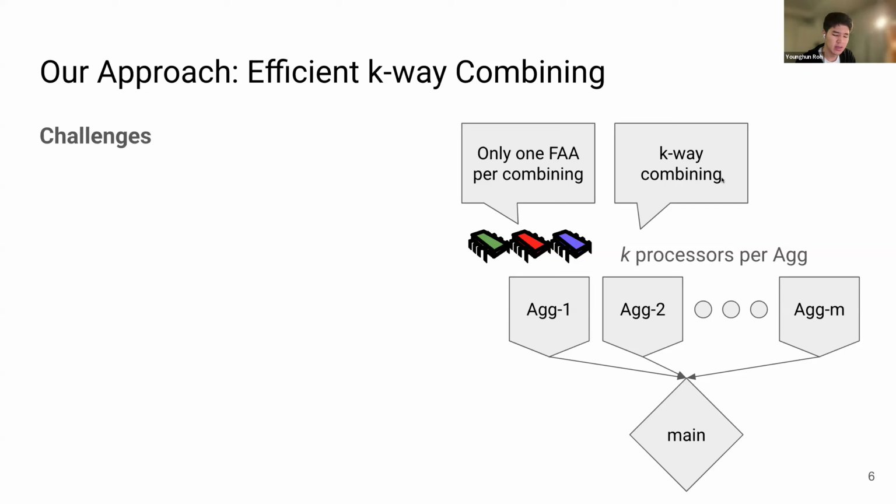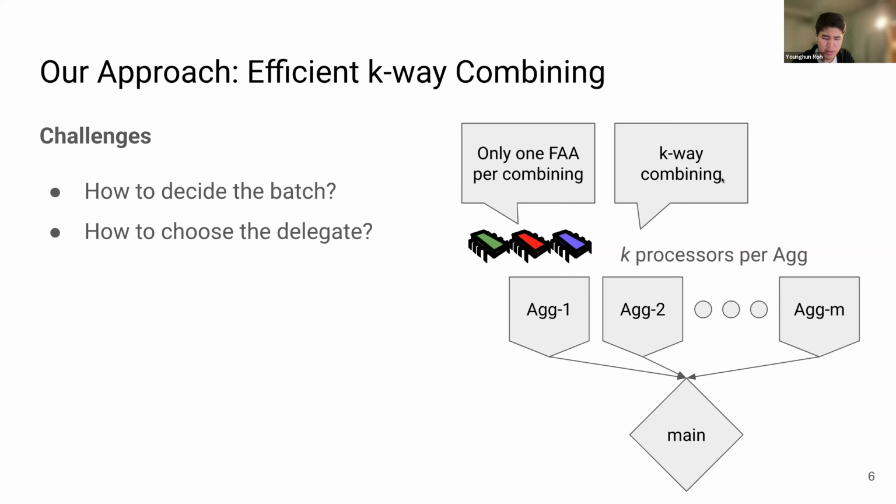While designing this efficient k-way software combining algorithm, there are certain challenges to keep in mind. For example, we have to decide how to define the batch, and when or where the threads see each other and form a batch.